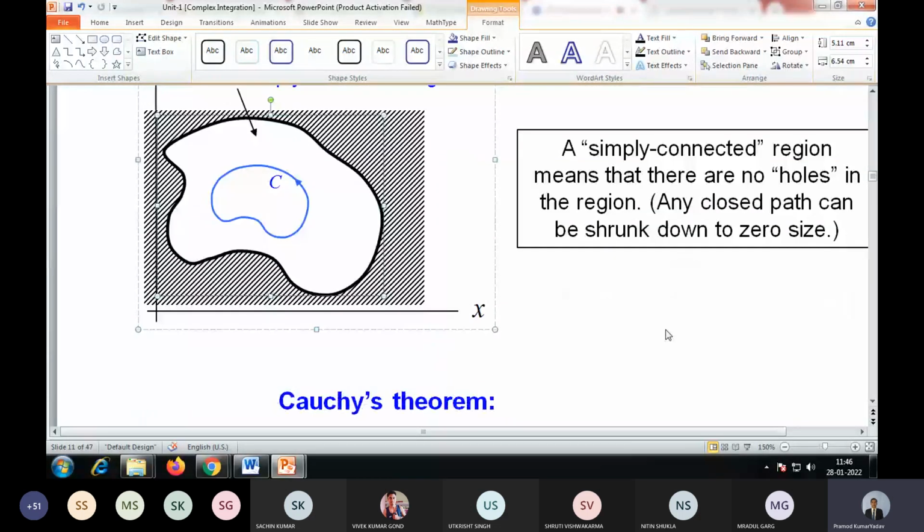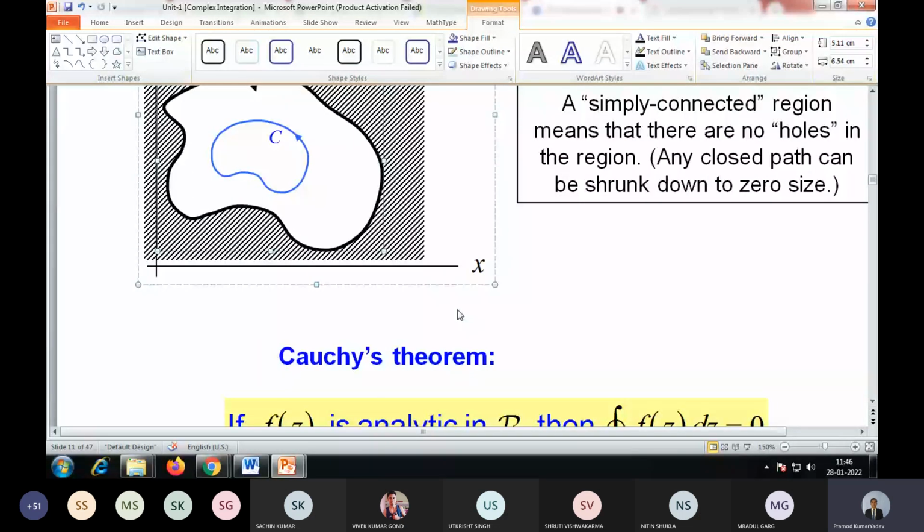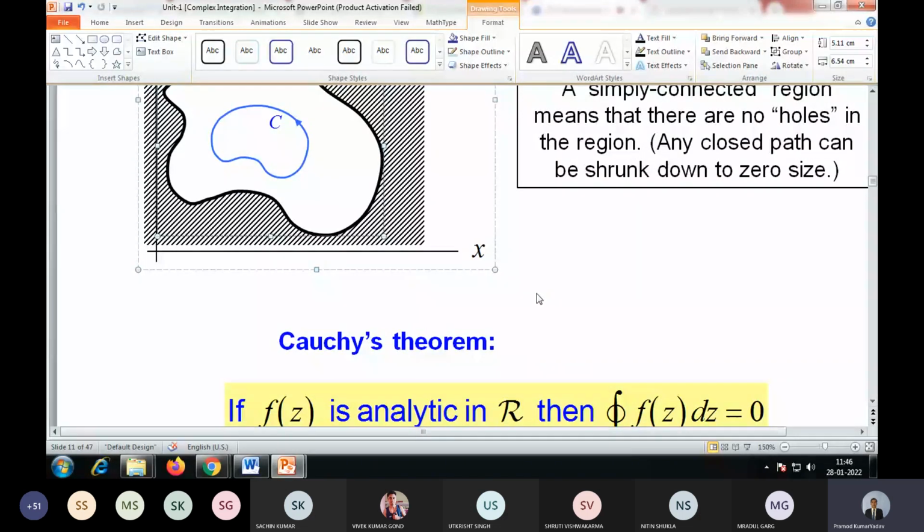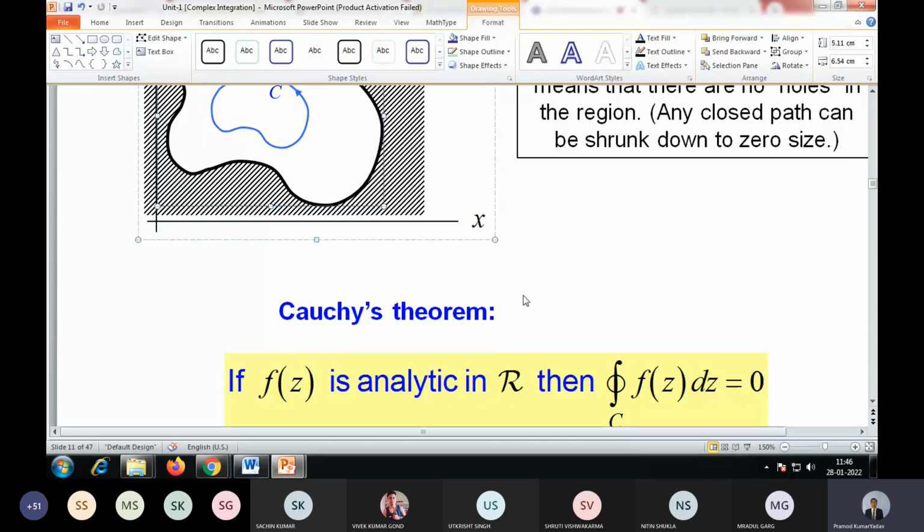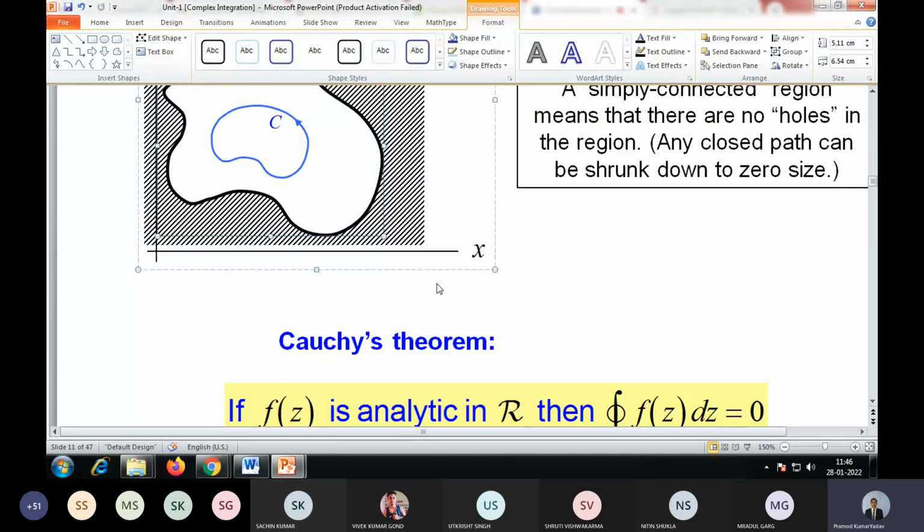So what does this Cauchy theorem say? If a function f(z) is analytic in a simply connected region R, again I am repeating, you should remember this immediately. Simply connected means there is no hole in that region. So if f(z) is analytic in a simply connected region R, then the integration of f(z) dz over C will be 0.